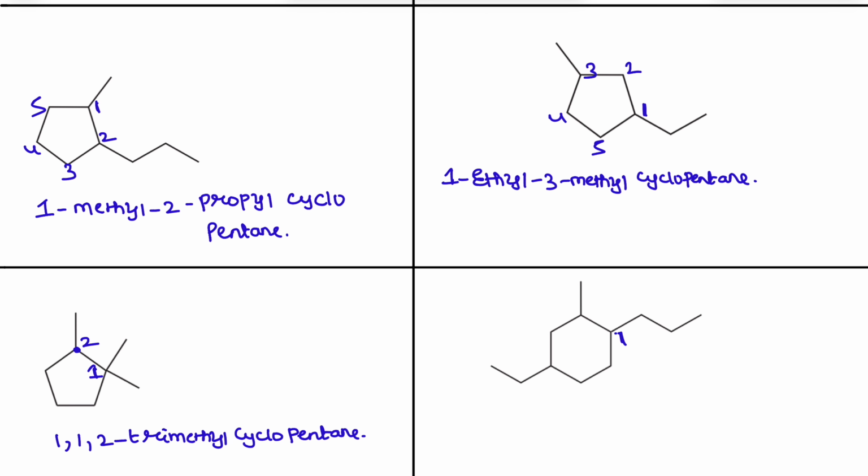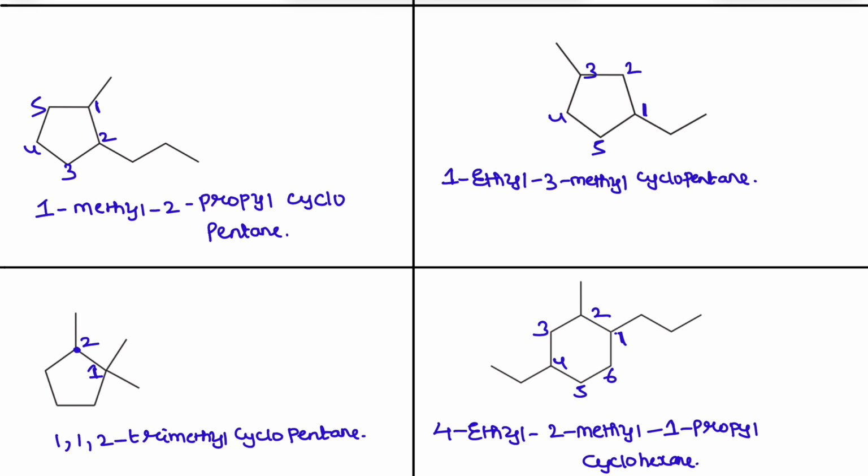Therefore this is the first carbon, this is second carbon, third, fourth, fifth, sixth. Least locant rule we are using; propyl P, methyl M, ethyl E, only alphabetical order. Therefore it is 4-ethyl-2-methyl-1-propylcyclohexane.